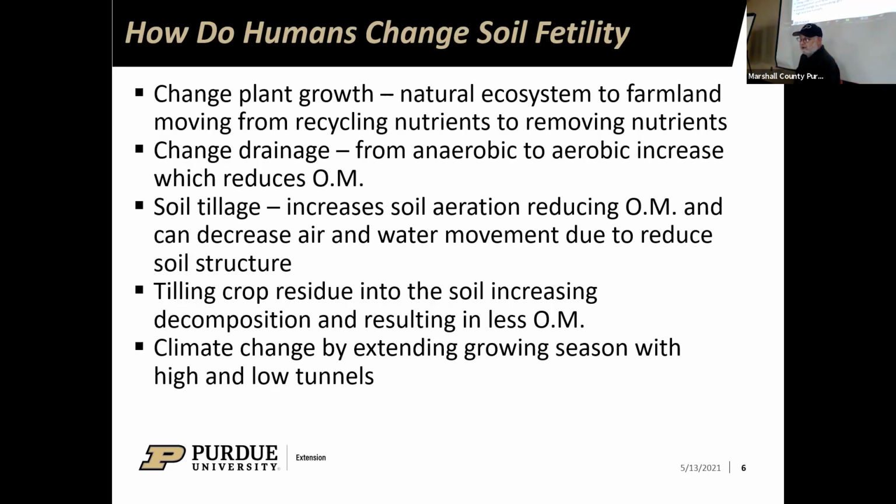Climate change: by extending the growing season with high and low tunnels, we're keeping that soil productive longer, so more nutrients are being harvested. So we need to replenish those nutrients as well, and not having as long a period for the soil to kind of heal itself, even if we're planting a cover crop into those sites.